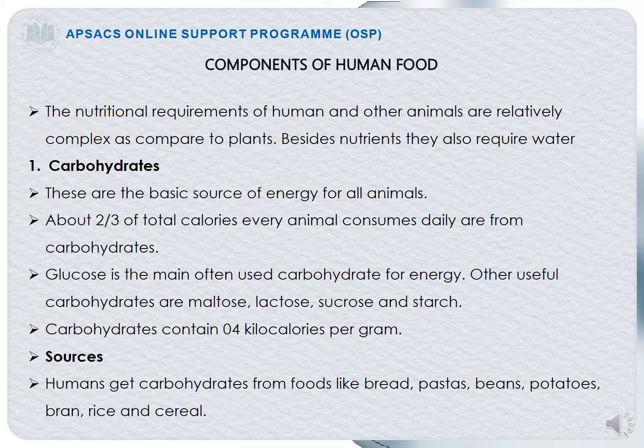Carbohydrates are the main source of energy. These are the basic source of energy for all animals. About 2/3 of the total calories every animal consumes daily are from carbohydrates. What does the term calorie mean?